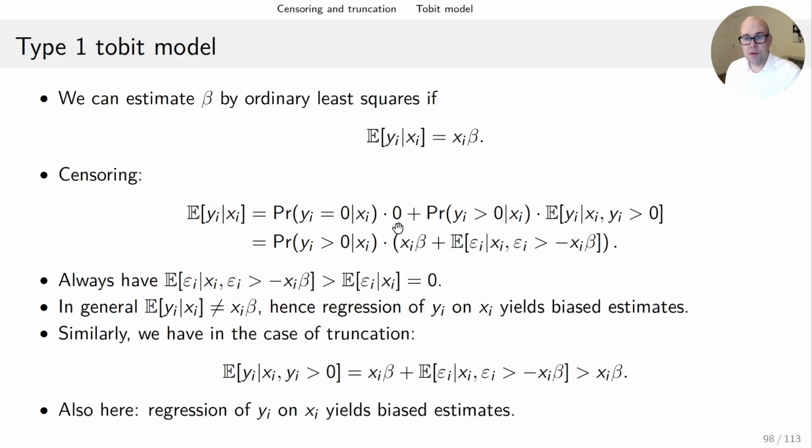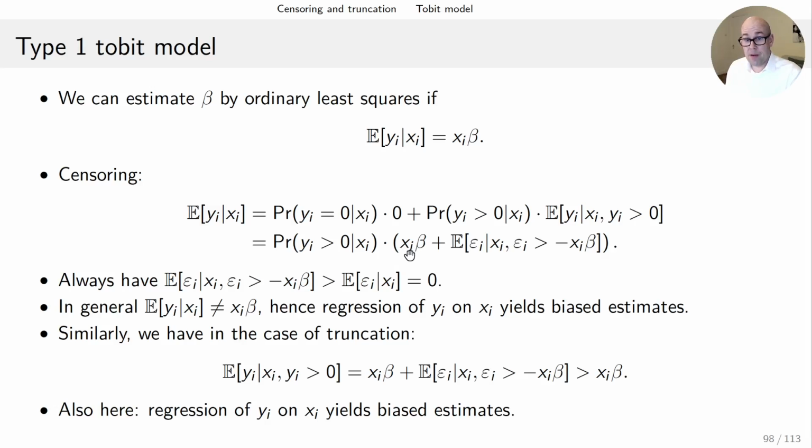So when it's not censored, the value that yi star takes on would be observed as yi. Because censoring is coded as 0, this first part will vanish, so we're left with the second part. I'm leaving that probability here, and I'm writing out what the expectation of the outcome is given that it is not censored.